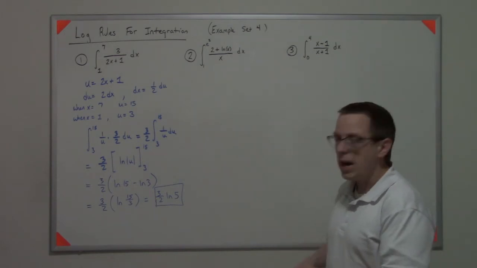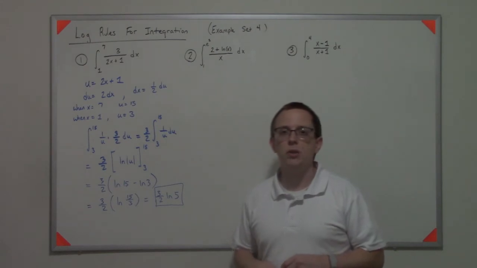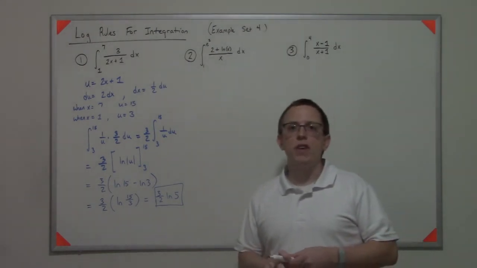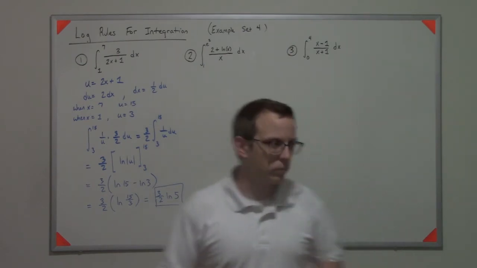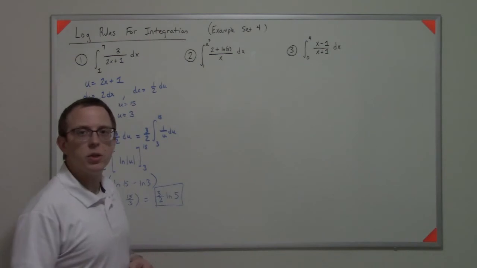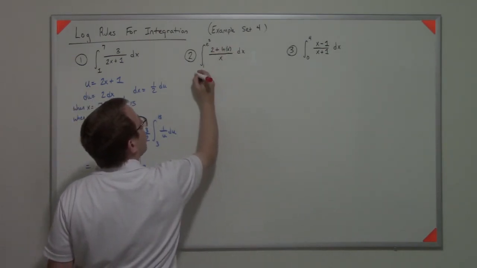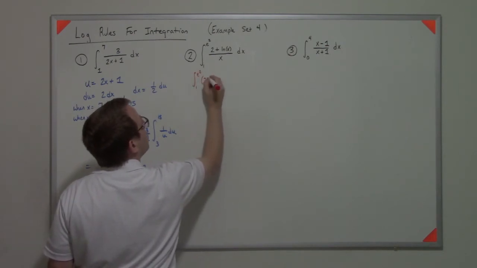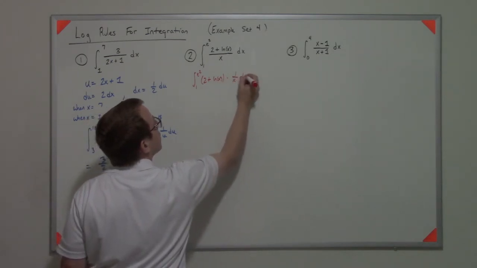For the next one, we have a bit more of a complicated scenario, but not too bad. It's 2 plus natural log of x over x. So when we're doing this, we say, okay, what I noticed there is this is the integral from 1 to e squared of 2 plus natural log of x times 1 over x dx.